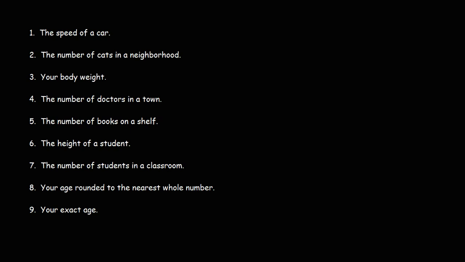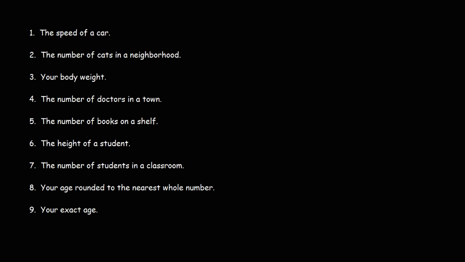So for each of these situations, would you say it represents a continuous set of data or a discrete set of data? Let's start with number 1, the speed of a car. Would that be continuous or discrete? Now, the speed of a car, would you say it can be measured or counted? The speed of a car can be measured.